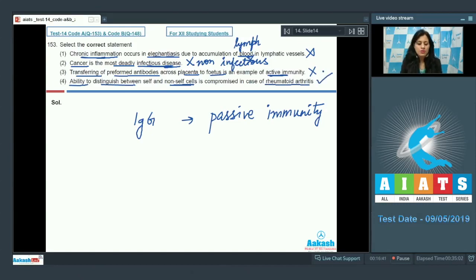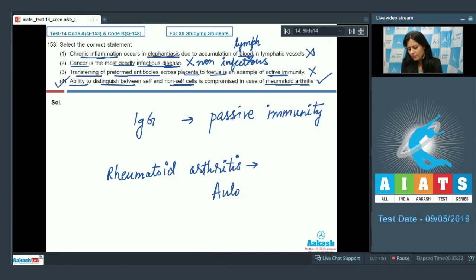And as it is a correct statement, so this is a correct answer to our question, because rheumatoid arthritis is an autoimmune disorder in which ability to distinguish between self and non-self cells is compromised. So the correct answer to this question is option number 4. Let's discuss our next question.